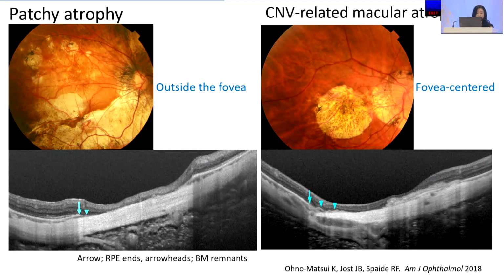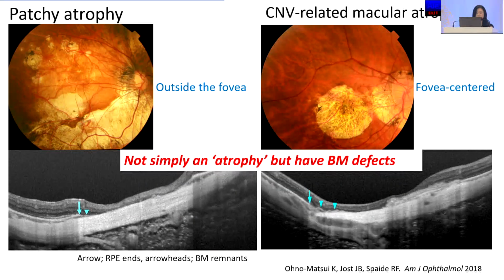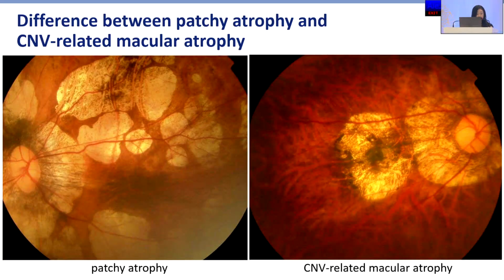Patchy atrophy is seen outside the fovea, and macular atrophy is neovascularization related and fovea centered. OCT showed that both lesions were not simply an atrophy, but were characterized by Bruch's membrane defects. And neovascularization-related macular atrophy showed similar appearance to patchy atrophy, but it develops only after neovascularization.